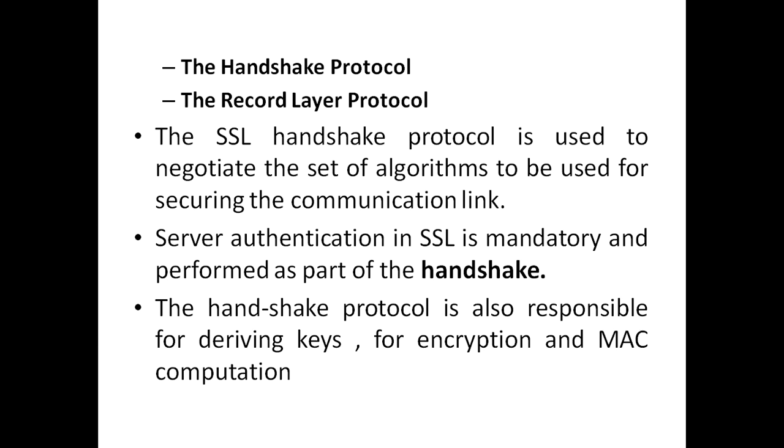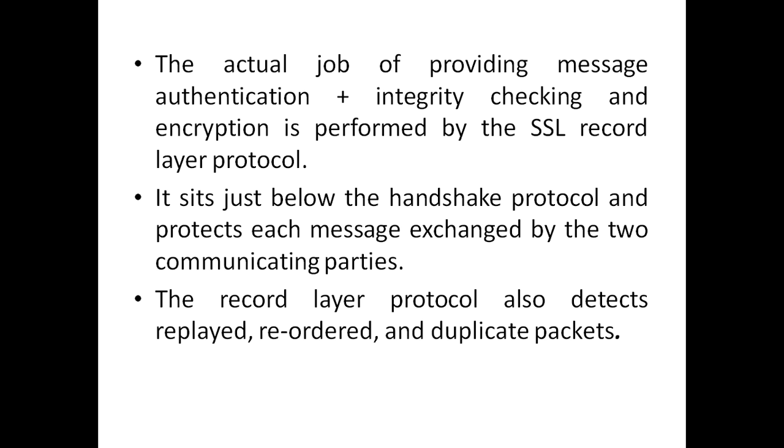The handshake protocol is also responsible for deriving keys for encryption and MAC computation. So in brief, in handshake protocol, we are going to choose the set of algorithms to be used for having a secure communication. Then we are going to authenticate the server, and then derive keys for encryption and MAC computation.